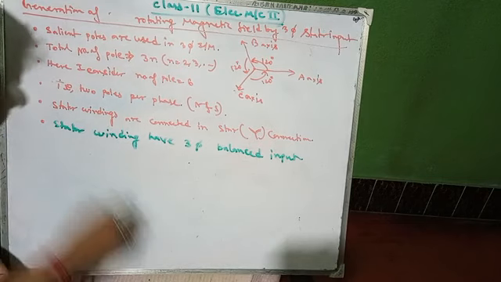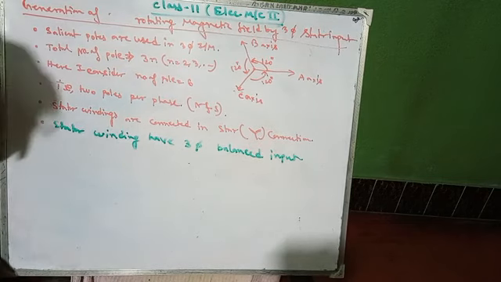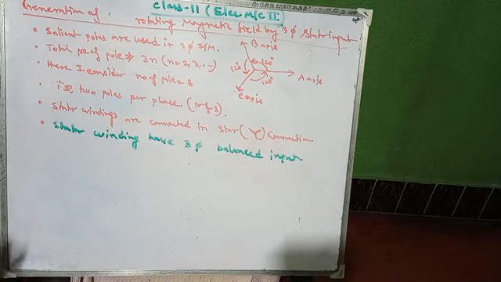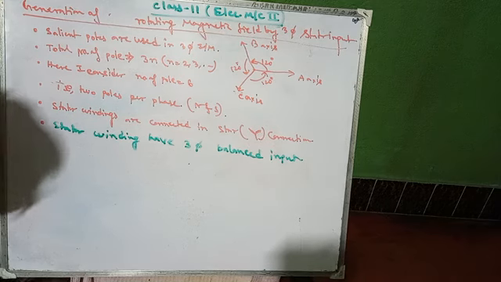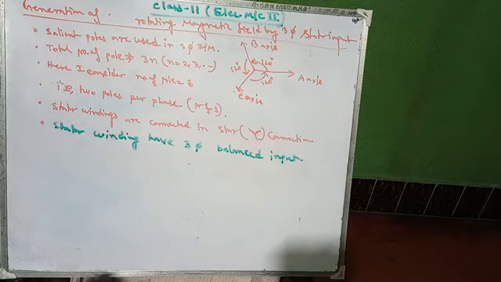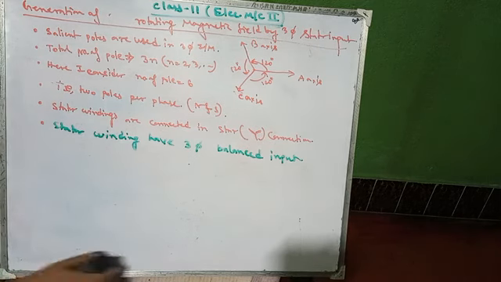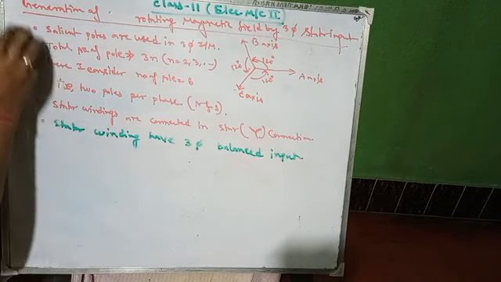That's why I have written it in another color. So these points you have to consider first, and then you have to draw a 3-phase balanced system. I will show you a new technique to draw the 3-phase balanced system.